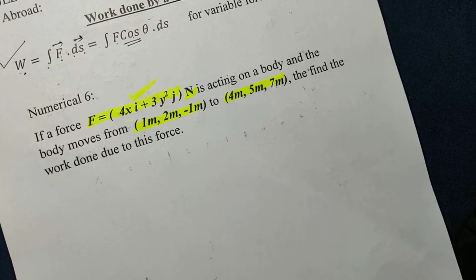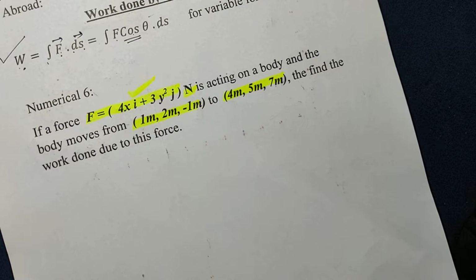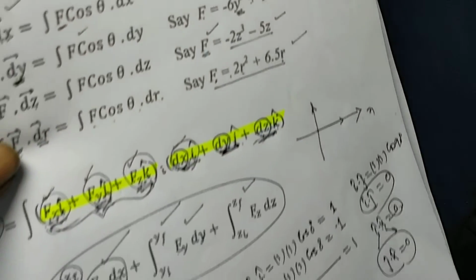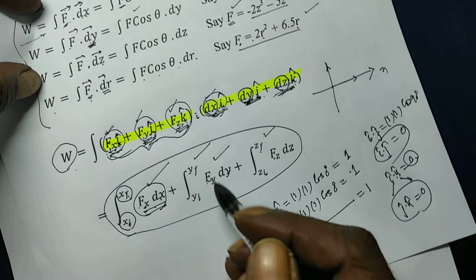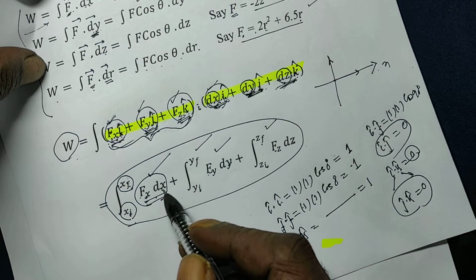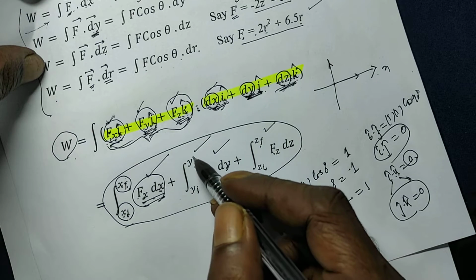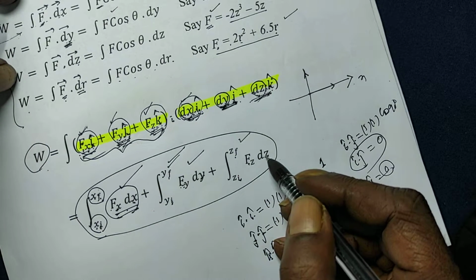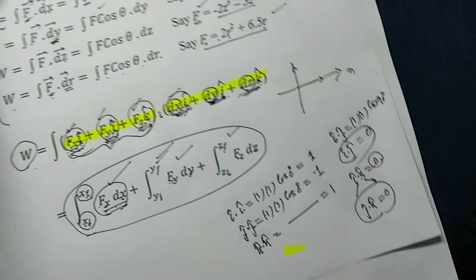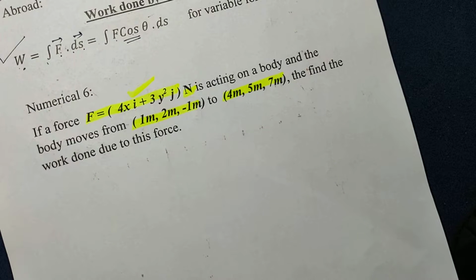Solving the problem is easy. I have already explained how W is equal to the integral of Fx dx from initial position to final position, plus Fy dy from initial to final position, plus Fz dz from initial to final position.